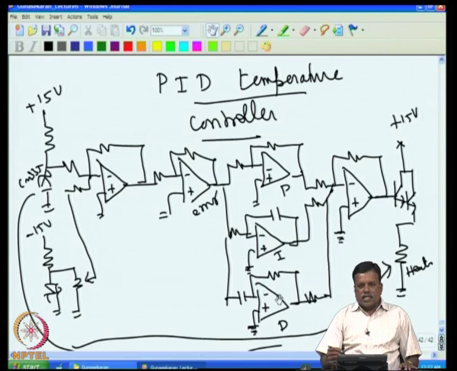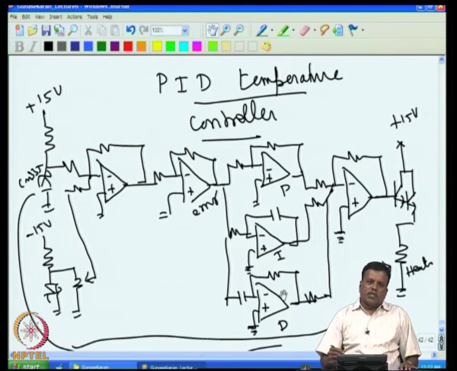Then there is another advantage with the differentiator. Suppose I make the differentiator time constant equal to one of the time constants we discussed, because we said this temperature control system has two time constants: one is the system time constant, another one is the sensor time constant. Assume that I make the sensor time constant equal to the differentiator time constant.